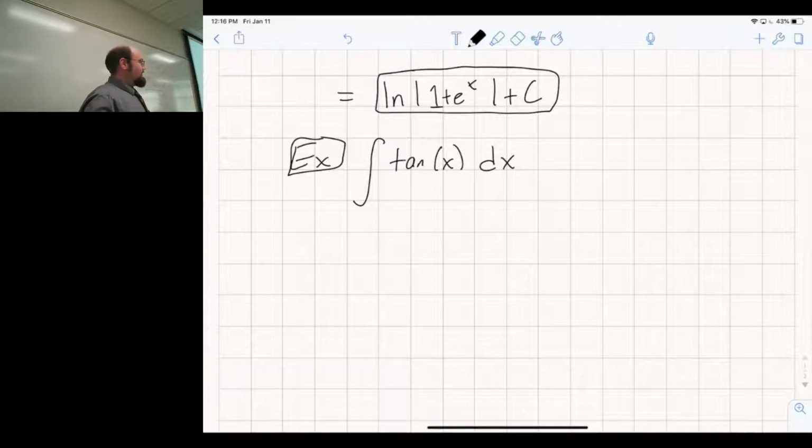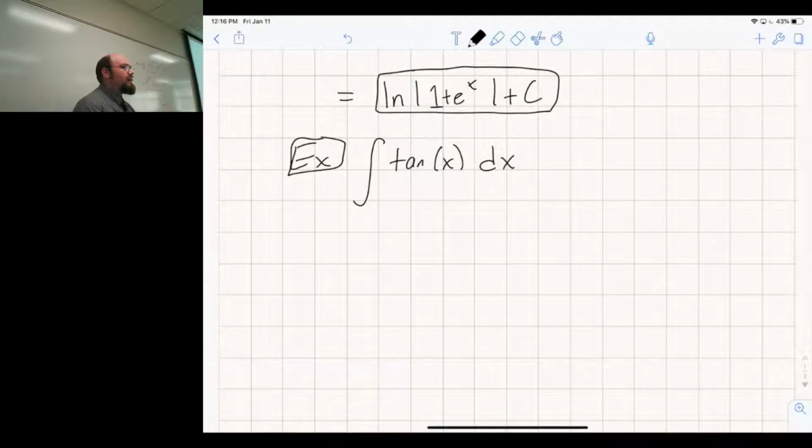Isn't it like secant squared? That's the derivative of tangent. The derivative of tangent is secant squared. What's the integral of tangent? Nope. The secant tangent is the derivative of secant. Oh, there you go. Well, it's negative natural log. It's negative natural log of the absolute value of cosine.